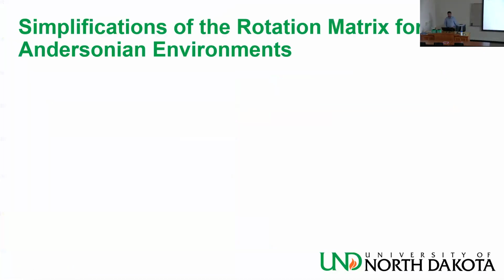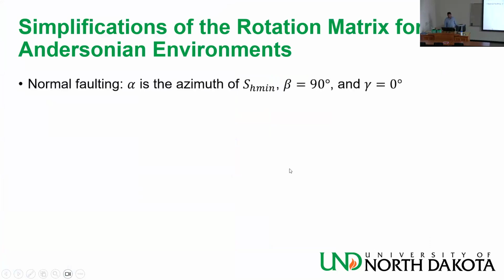So, simplification of the rotation matrix for Andersonian environments. We talk about three angles, right? Alpha, beta, and gamma. Now, normal faulting has a set of criteria. SV must be bigger than SH max, which is bigger than SH min.